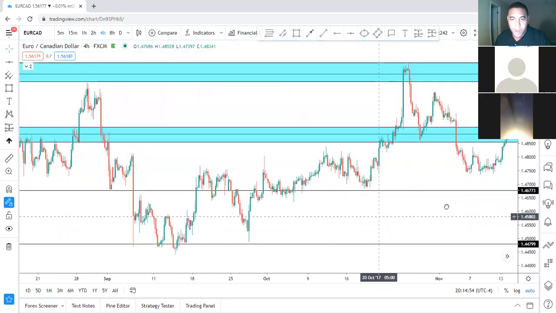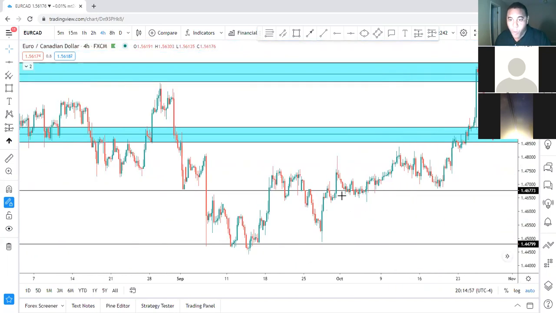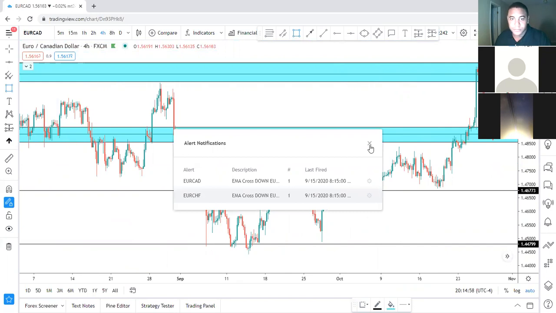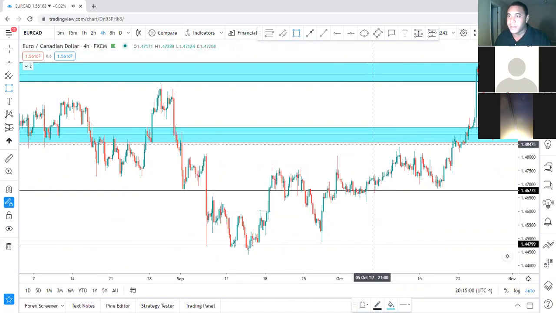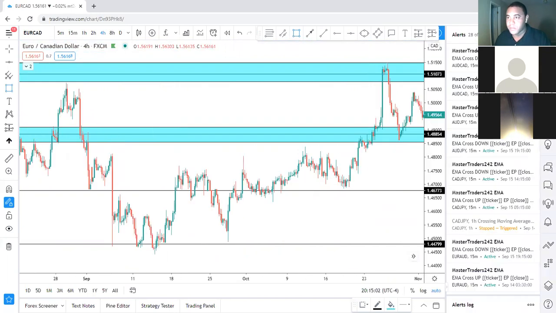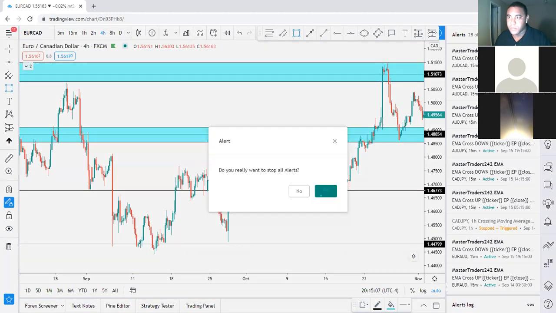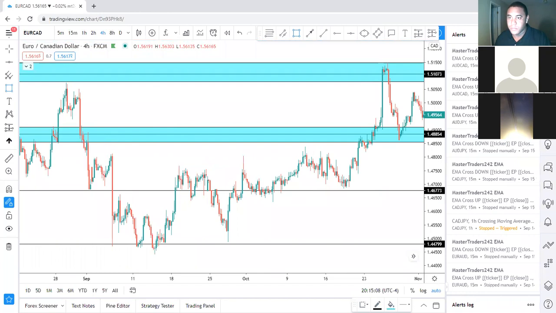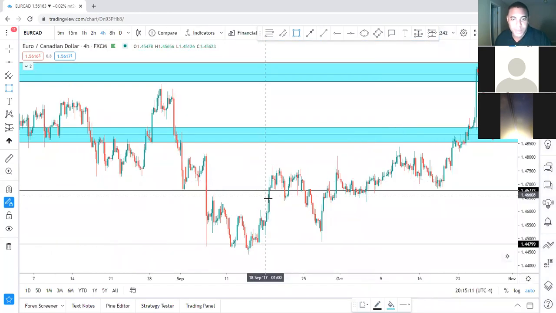If you knew where the market was going to go or where it was going to stop, wouldn't that be awesome? I know some of you are about to catch them pips.